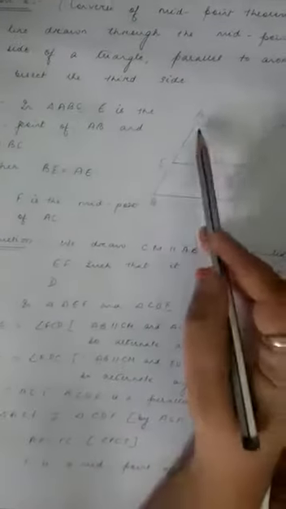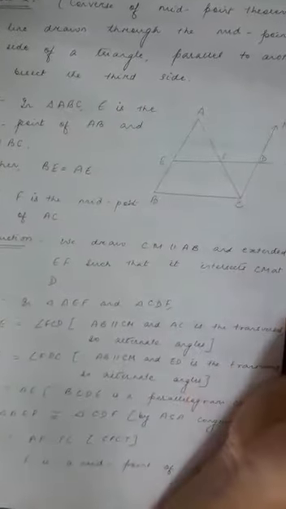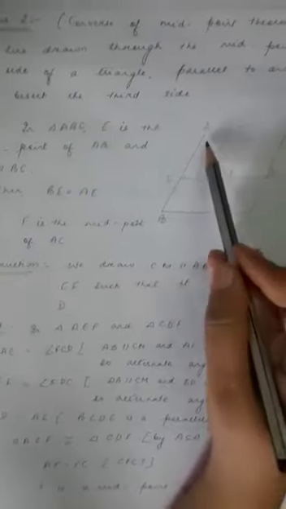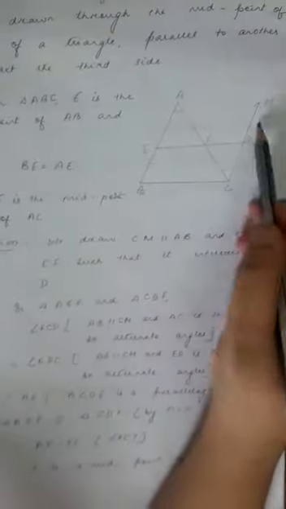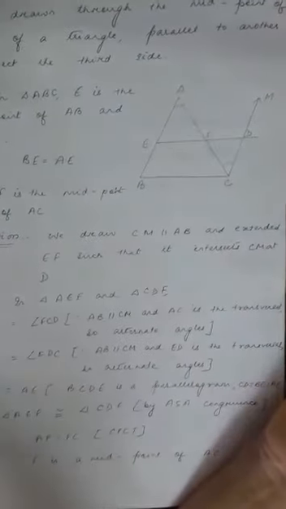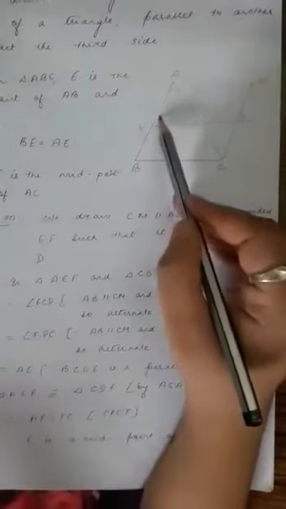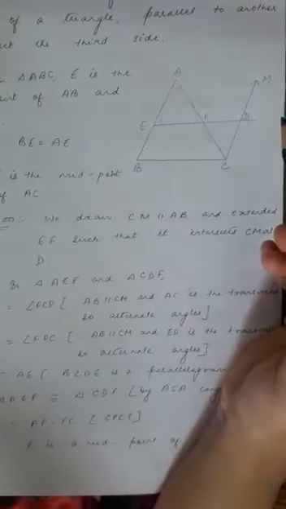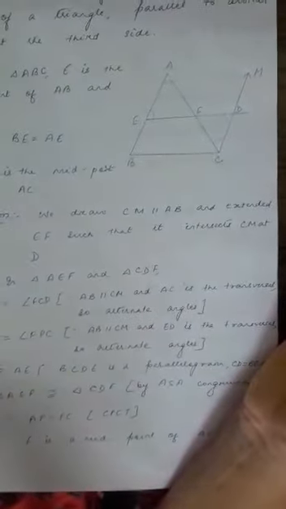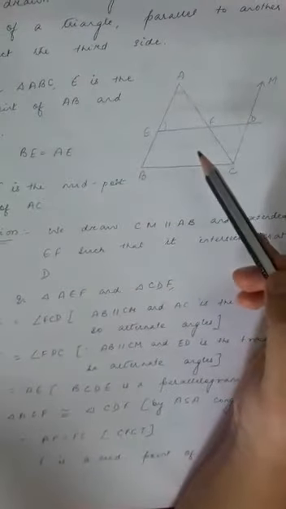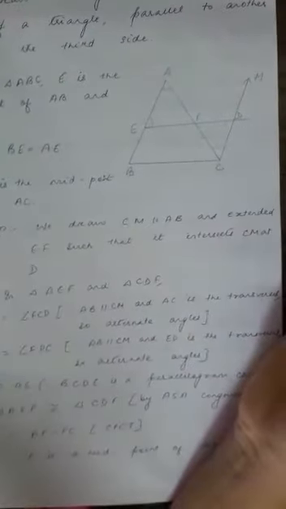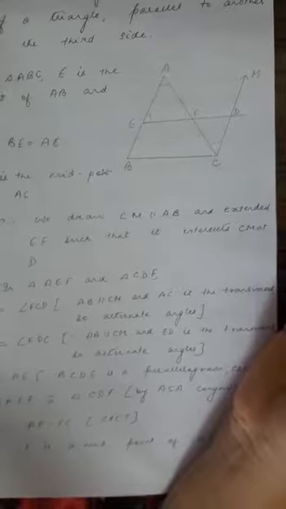Now in triangle AEF and triangle CFD, angle FAE is equal to angle FCD because AB is parallel to CM and AC is the transversal, so these are alternate angles. Again angle AEF is equal to angle CDF, where AB is parallel to CM and ED is the transversal. And CD is equal to AE because BCDE is a parallelogram.